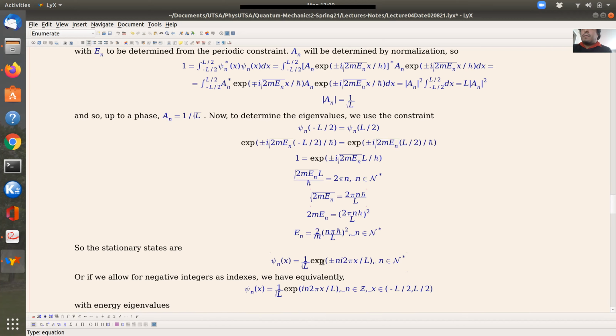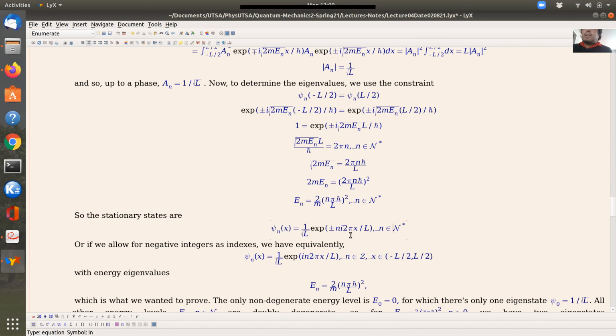If we do that, the exponential that we get is this. And of course, it's clear that once you have this exponential, it will satisfy the periodic constraint because you have to evaluate it at L over 2 or minus L over 2.